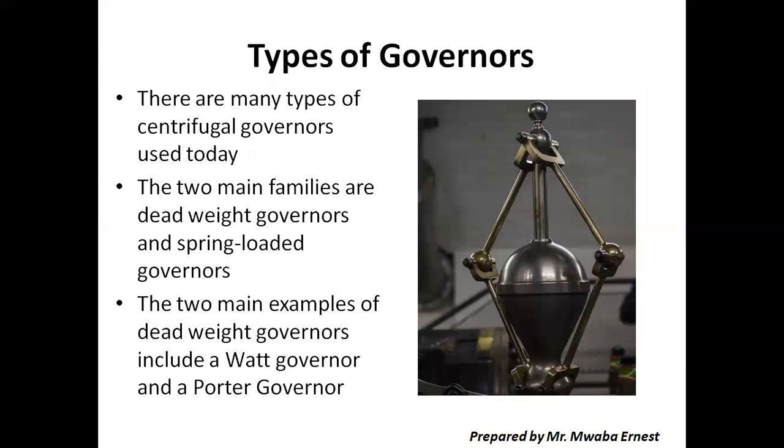So when you talk about the deadweight family, that's where we find the Porter governor, the one shown in the picture here, which has the mass at the center, and the other one, which is the Watt governor. Of course, the name centrifugal comes from the fact that we use the centrifugal force to ensure that we can arrive at what we want to achieve, which is the closing and opening of the throttle, thereby controlling the engine speed.